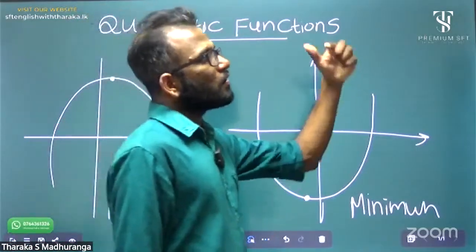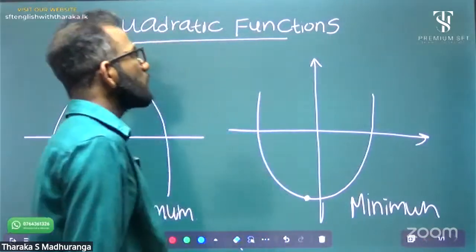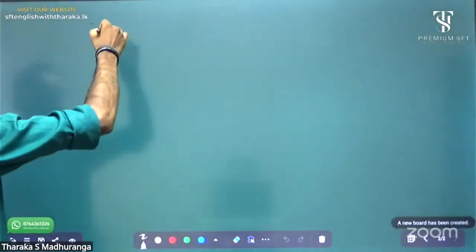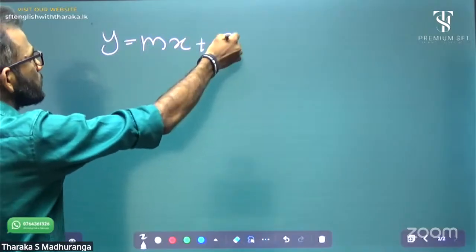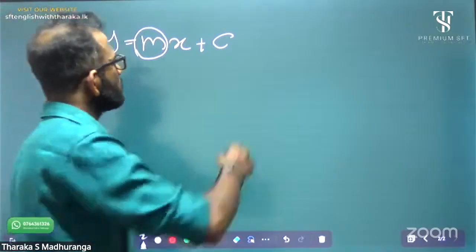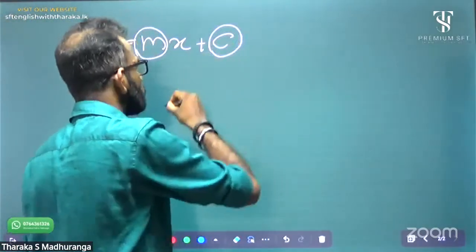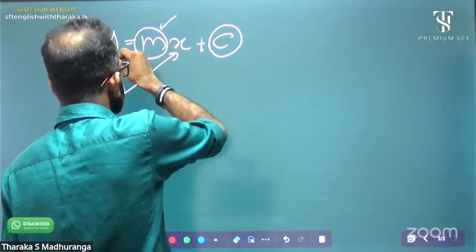What's the common equation for linear functions? y equals mx plus c, where m is the gradient and c is the intercept. x and y are variables, changing from point to point.